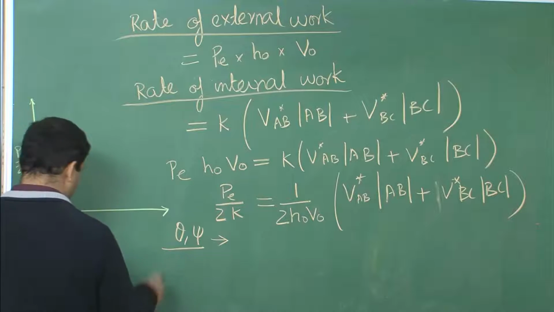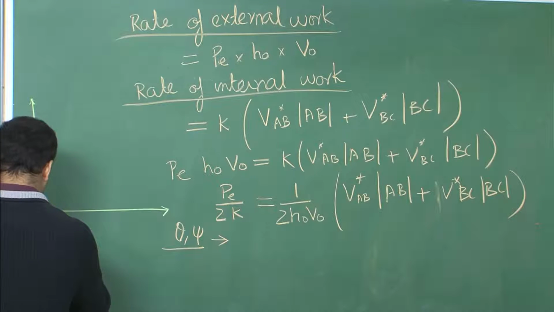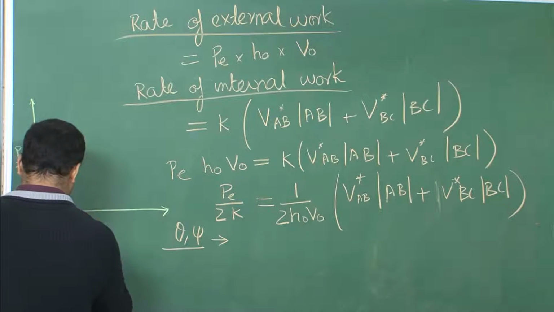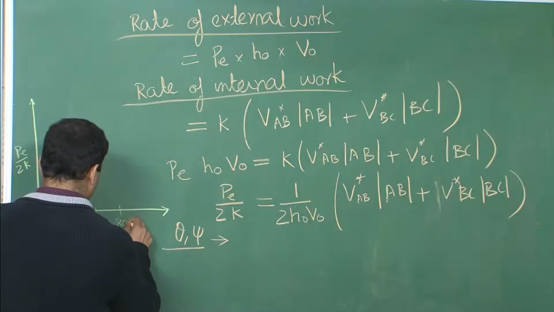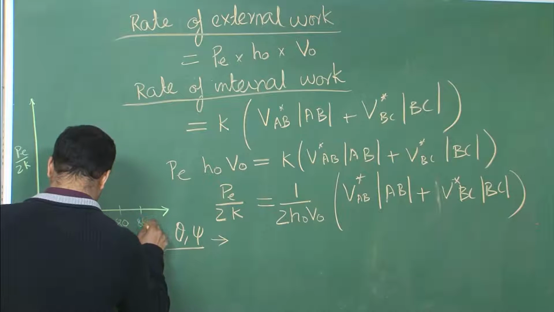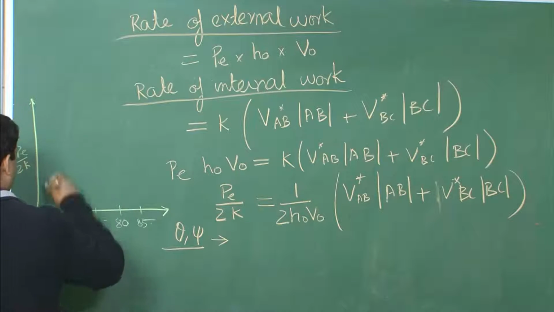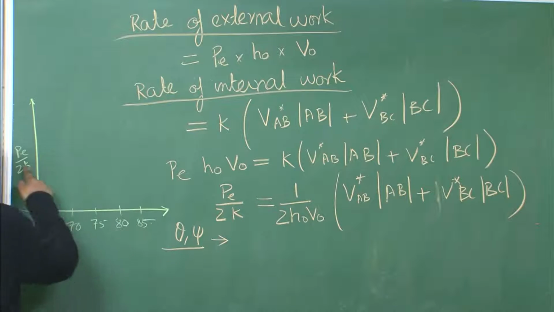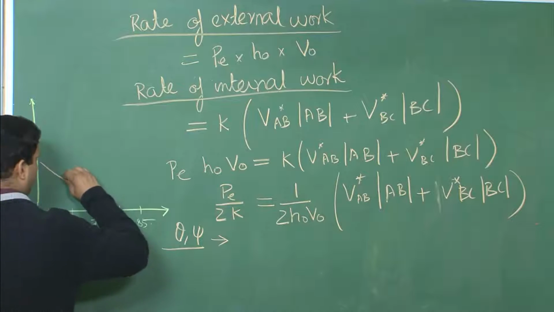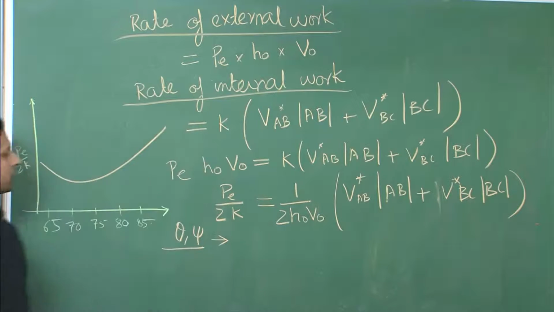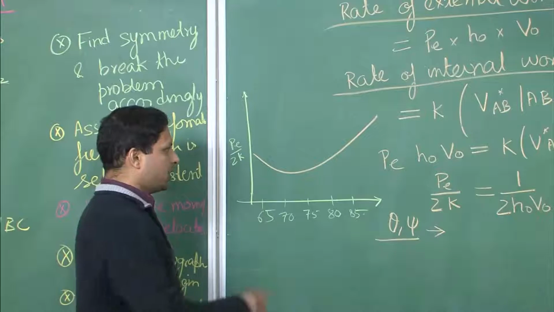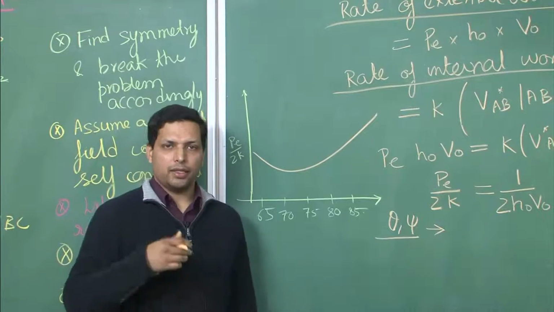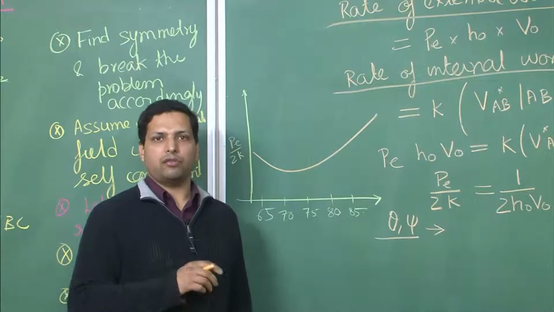So, if you had changed theta from let us say 65 degrees to 70, to 75, to 80, to 85, what you would have seen is that Pe over 2K would have varied something like this. So, this Pe over 2K you can now clearly see is dependent on your definition of the deformation field.